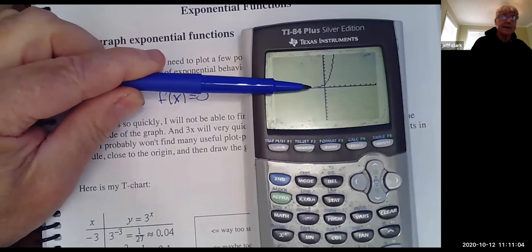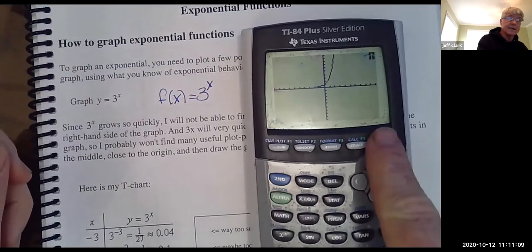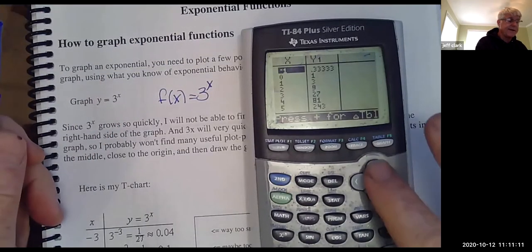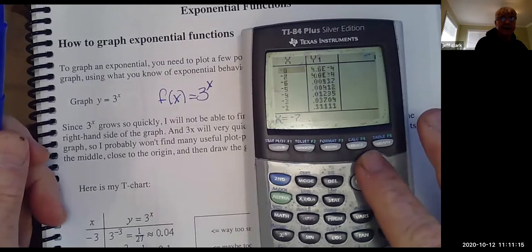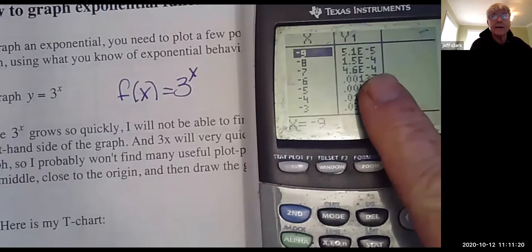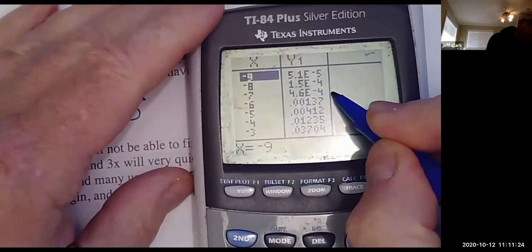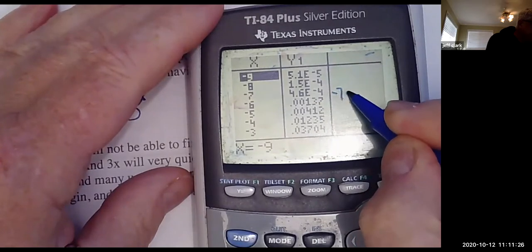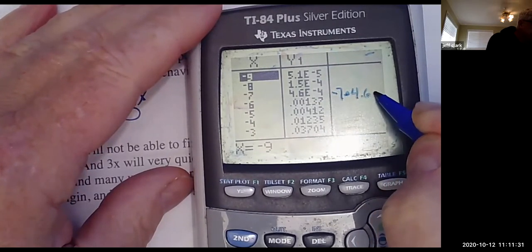Now on the technology, it appears it stops right there, but it does not. It does not. And as you can see, a table of values, second table of values, if I continue to the left on the number line, see how the y values, it does not stop. Oh, and what's that? That's considered to be scientific notation right there.